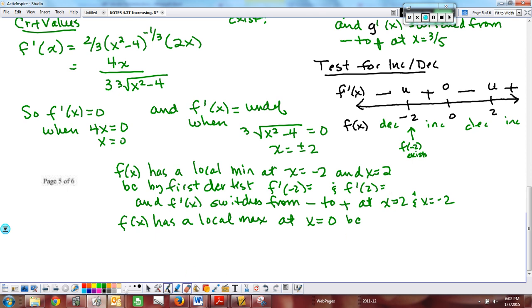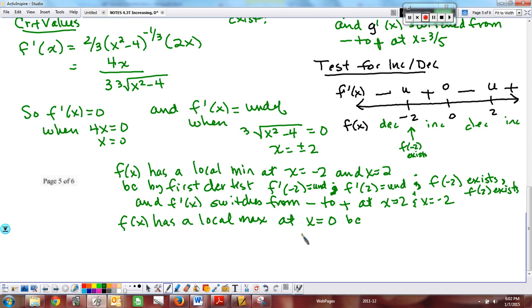Your derivative was undefined and f of negative 2 exists, f of 2 exists. So there's a lot of ands in here. I could probably do some commas. I could do a comma here, a comma here, a comma here, and the derivative switches. There's a lot going on in that one.